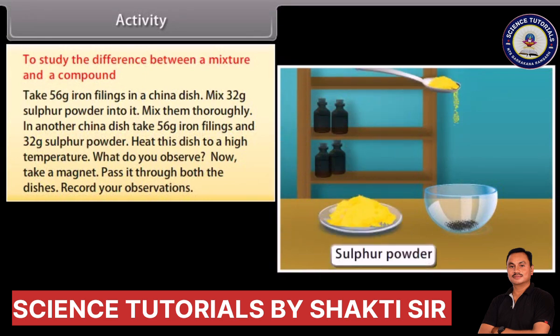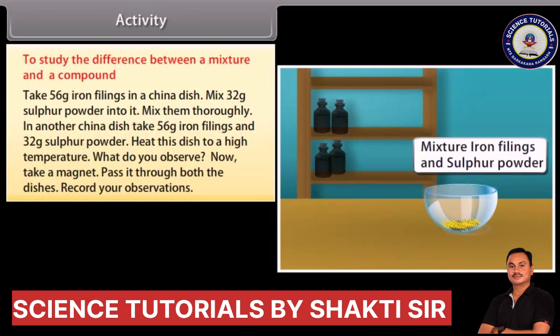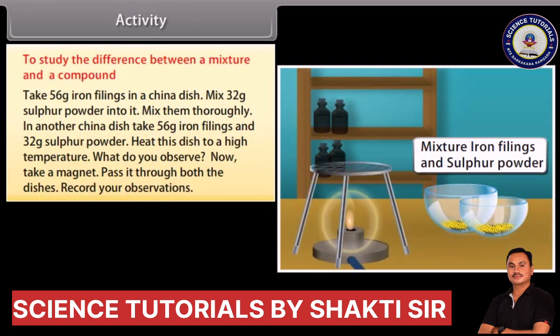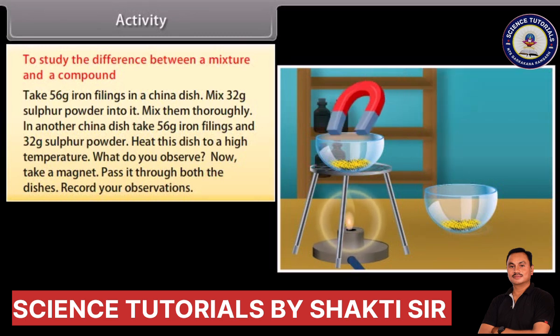Mix 32 gram sulfur powder into it. Mix them thoroughly. In another china dish, take 56 gram iron filings and 32 gram sulfur powder. Heat this dish to a high temperature. Now take a magnet. Pass it through both the dishes.